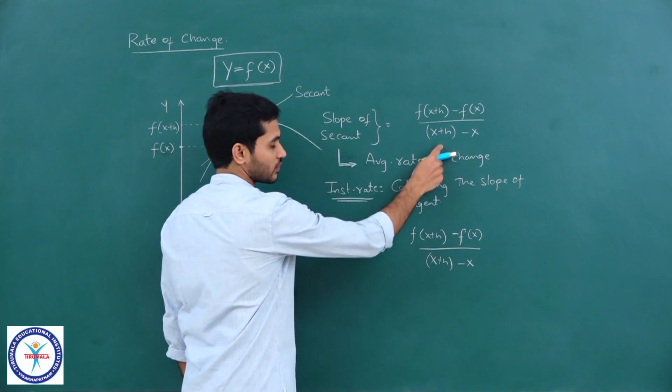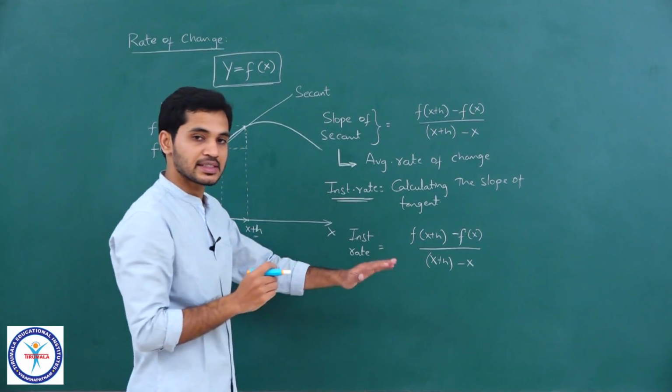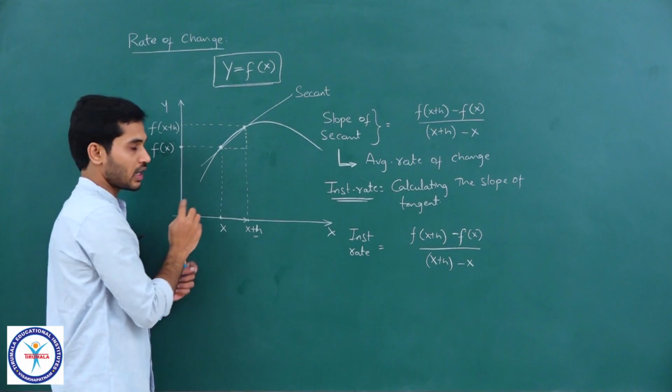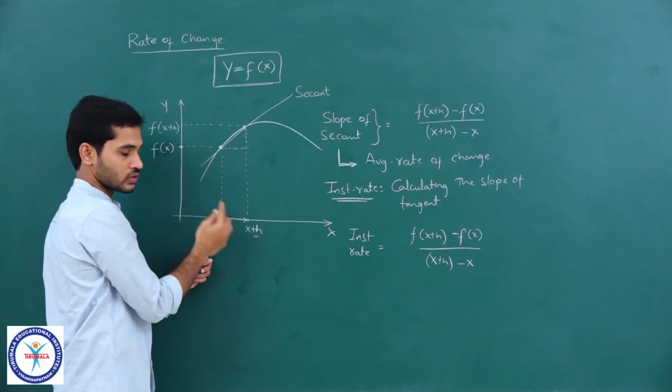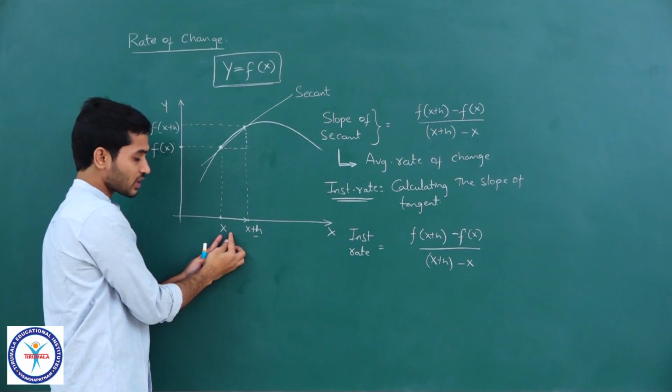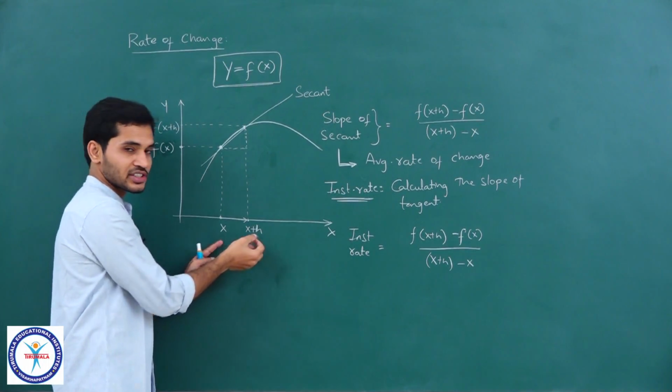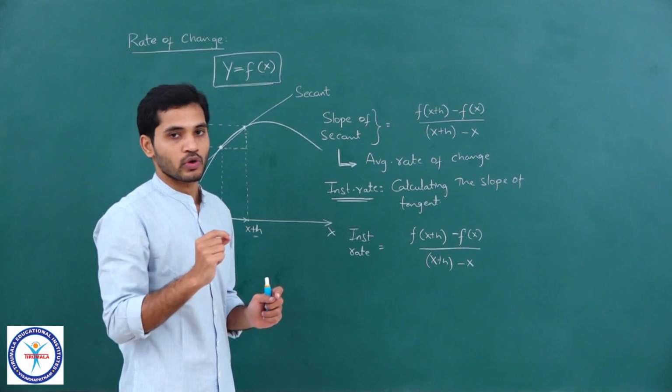Remember, this is the slope of secant. Now, how can I make a secant into a tangent? By bringing this very close. And how can I bring this very close? By making sure that the two inputs are very close. And when will the two inputs be very close? When h is very small, correct.